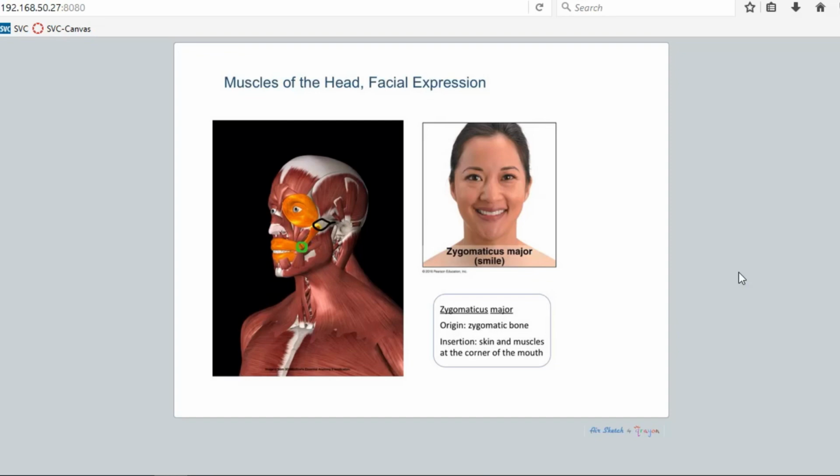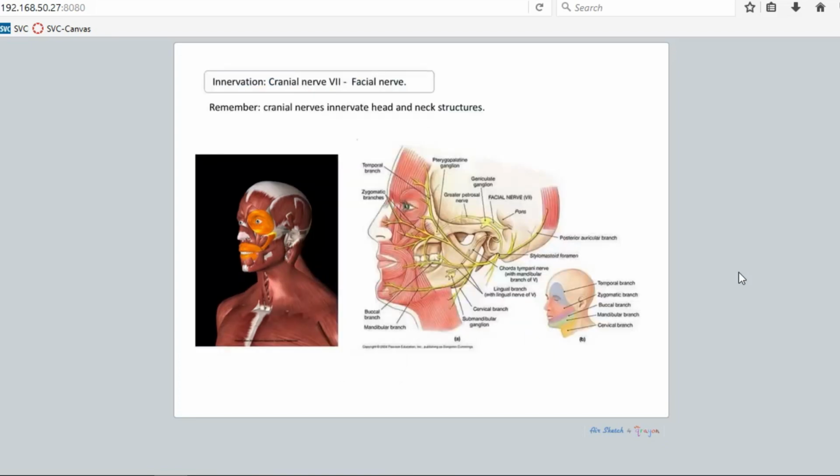Now, what happens when the zygomaticus major contracts? It shortens and pulls the insertion up towards the origin. And what action does that produce? Smiling. All of these muscles here are innervated by cranial nerve 7, the facial nerve.